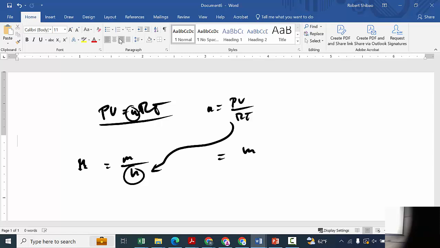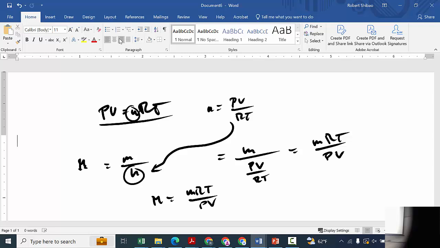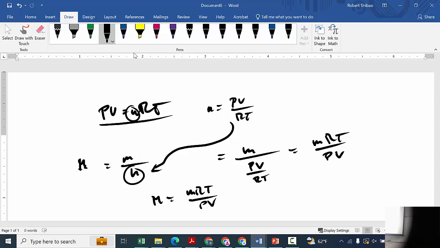And so we get m over PV over RT, and then invert and multiply. So MRT over PV. So this is the equation for the molar mass. The molar mass is equal to mRT over PV. So it's like less than a 30-second derivation. So that's why I would expect you to be able to do something like that.